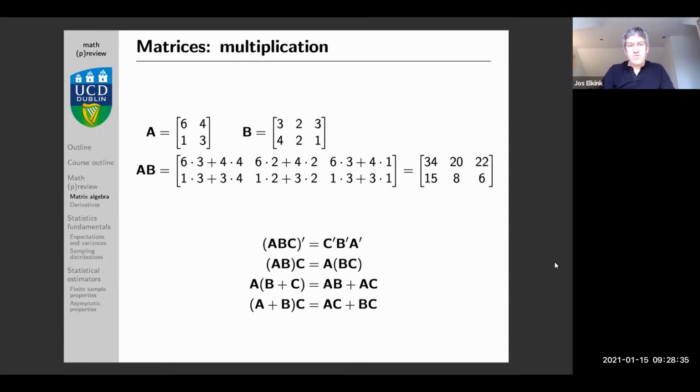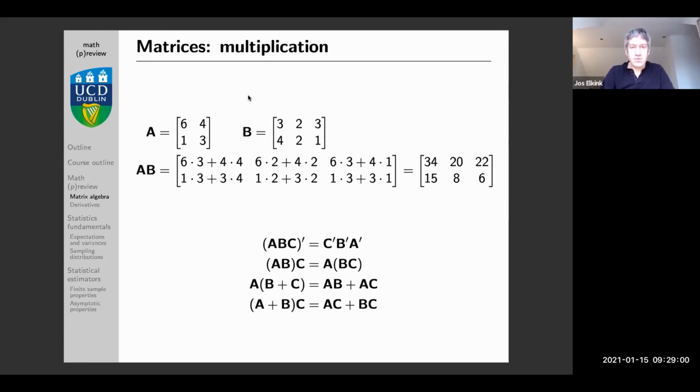The most extensive to explain is matrix multiplication, and with this we will practice a few times in class. In this video, I am not going to discuss it in much detail and will do it in more detail in the class session. So we can multiply two matrices together as long as the number of columns in the first matrix is identical to the number of rows in the second matrix.